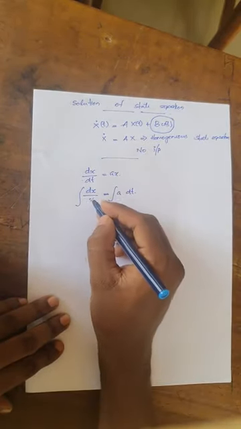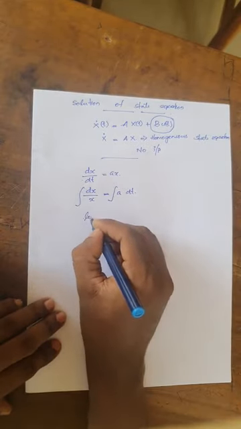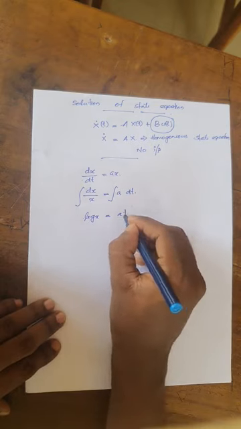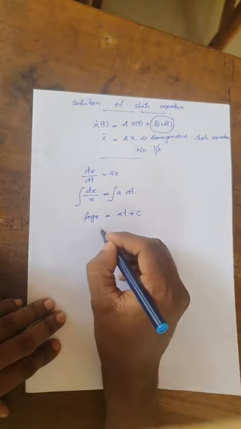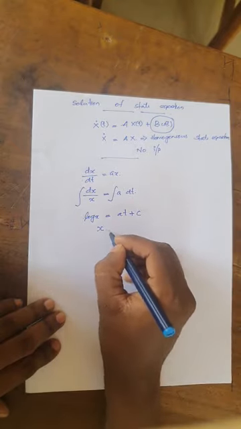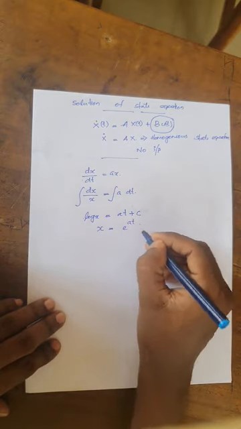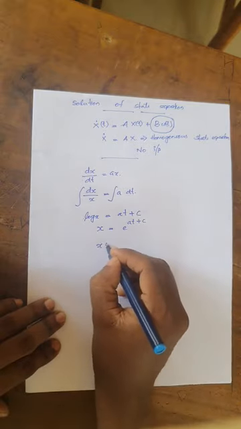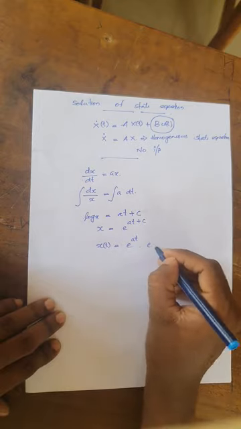So the integral of 1 by x into dx will be log x, which is equal to at plus a constant c. From this we can get the solution: x is equal to e raised to at plus c, that is x of t will be equal to e raised to at into e raised to c.